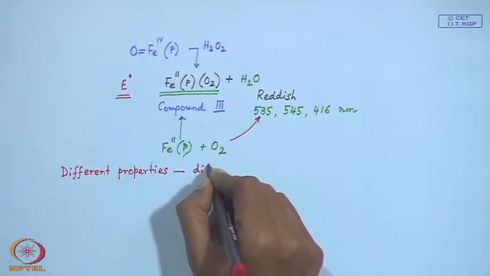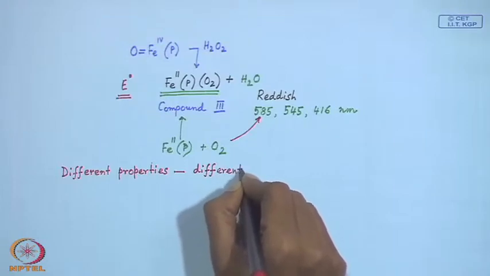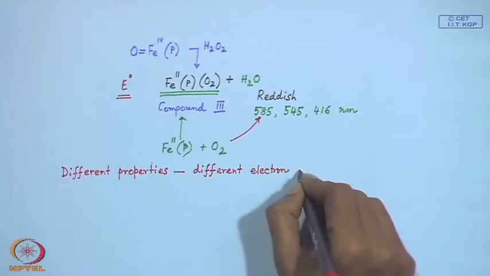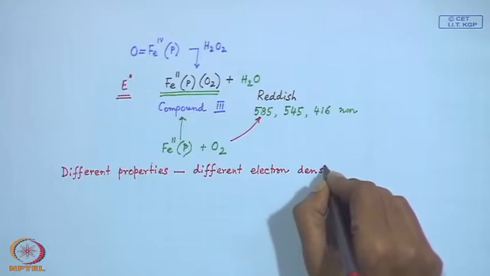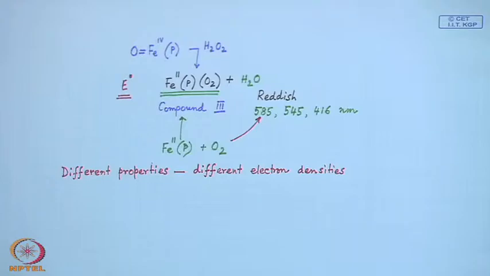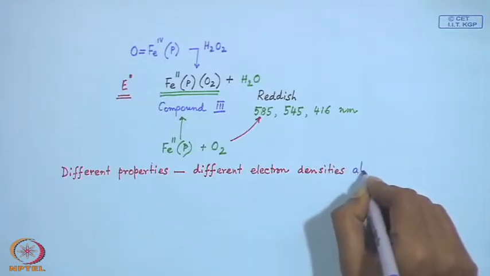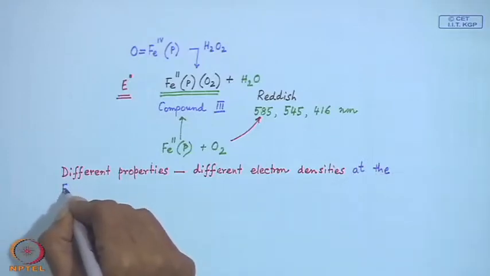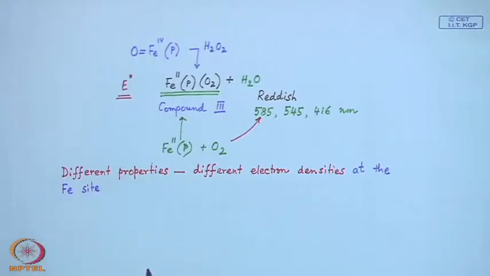So, different electron densities at the metal site, different electron densities at the iron site, which is very important.